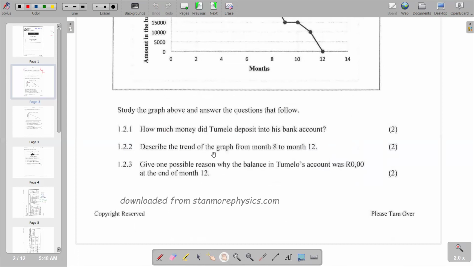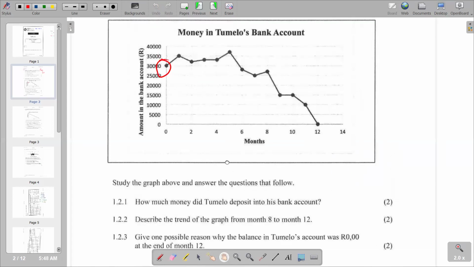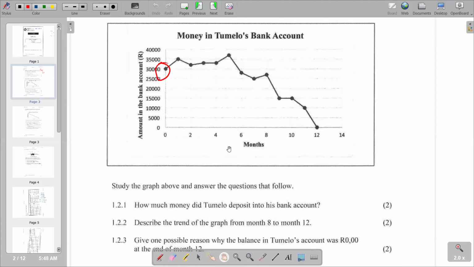describe the trend of the graph from month 8 to 12. The trend of the graph from month 8 to 12: we have month 8 here, and then month 12 is here. So we see that from month 8 to 12 there is a decline being experienced that we can describe.